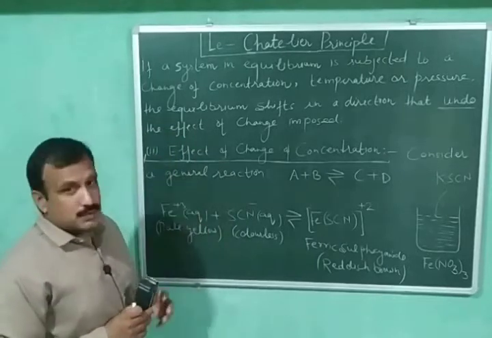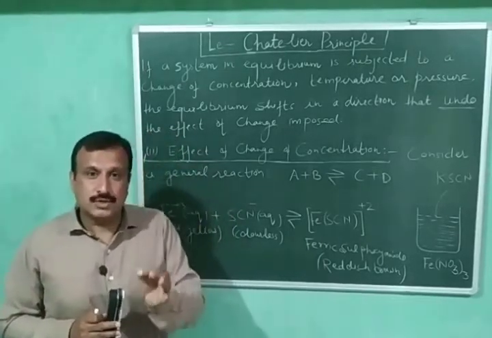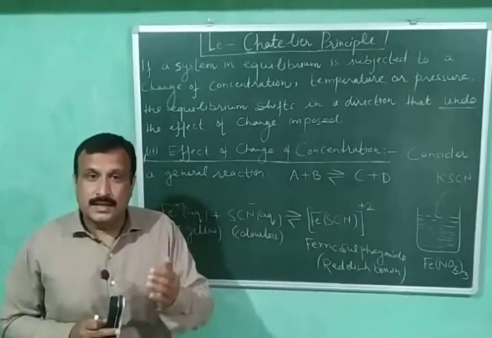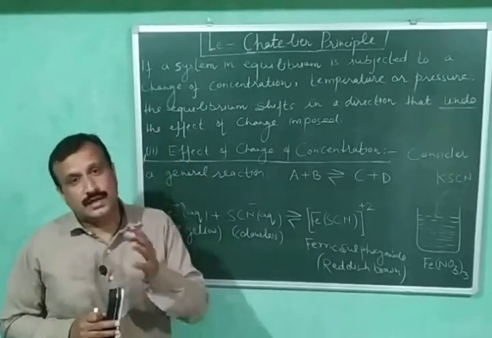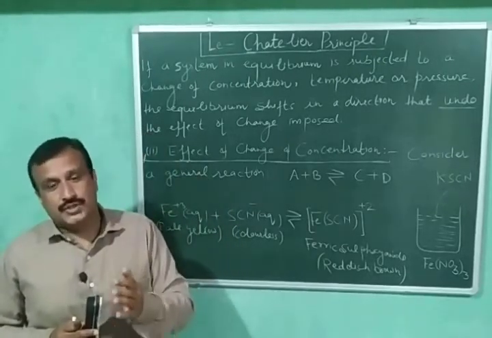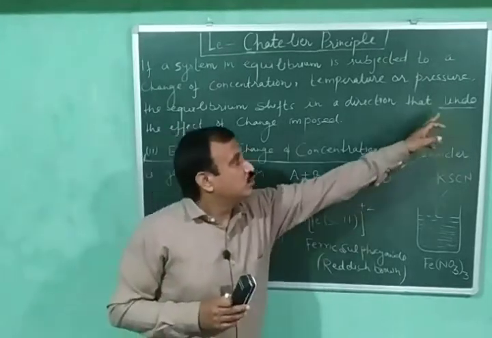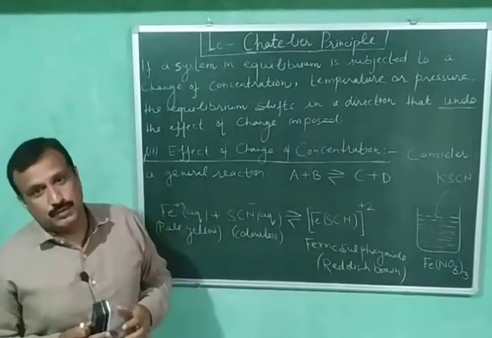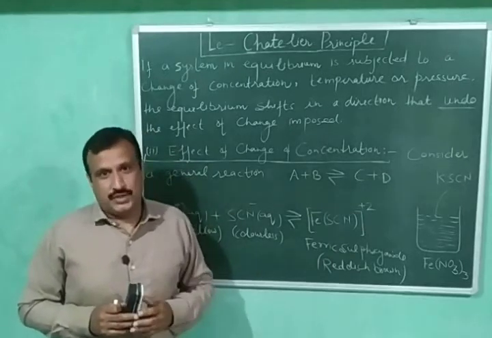According to this principle, if a system in equilibrium is subjected to a change in concentration, temperature or pressure, then the equilibrium shifts in the direction that undoes the effect of the change imposed. We are all quite familiar with this word undo, because it is frequently used in computers, and the meaning of this word is reversal of a change.